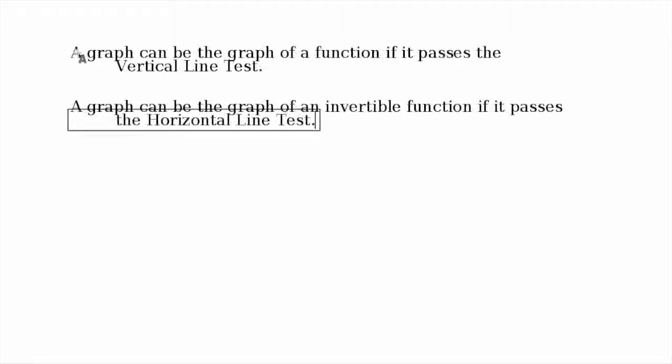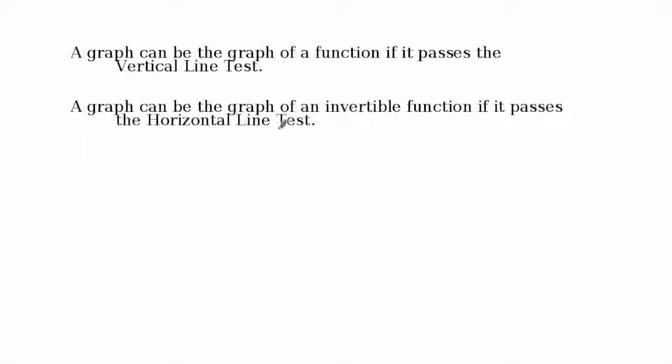And of course it has to pass the vertical as well, because it has to be a function to begin with. A function that passes the horizontal line test is always either increasing, moving up and to the right, or always decreasing, moving down and to the right.